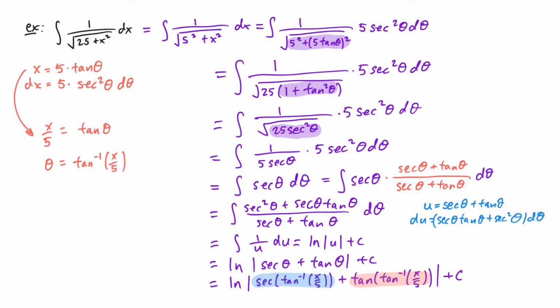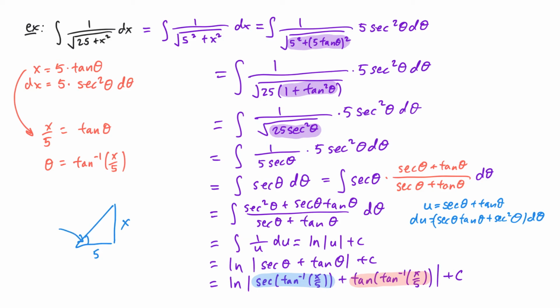Remember, from trigonometry, we know that the tangent of an angle in a right triangle is equal to the opposite over the adjacent. So if I have a right triangle with sides x and 5, then the arctan of x over 5 would be this angle right here.